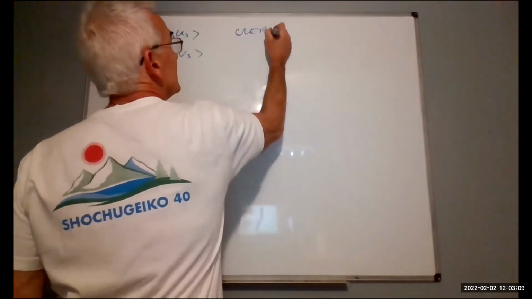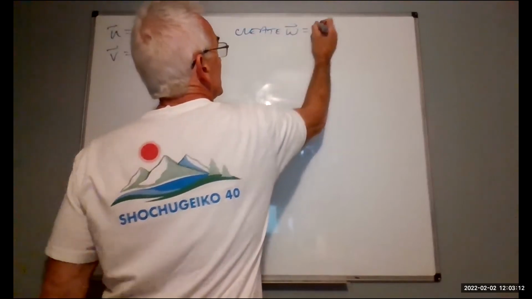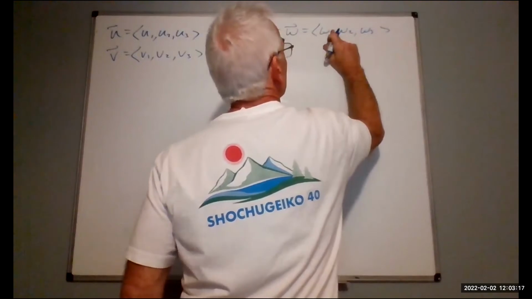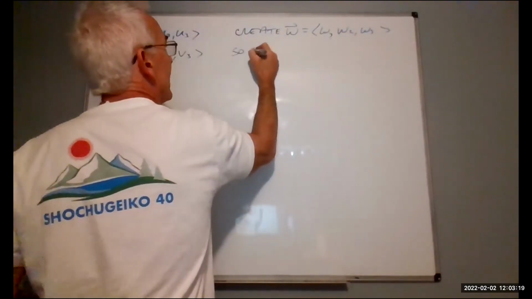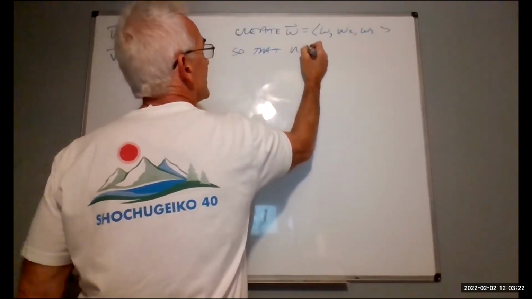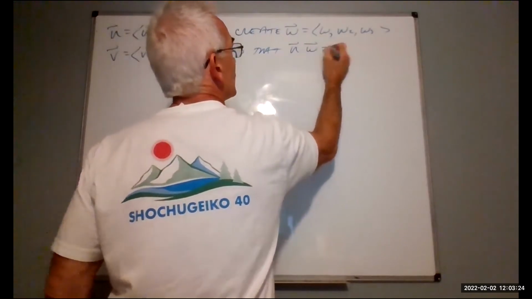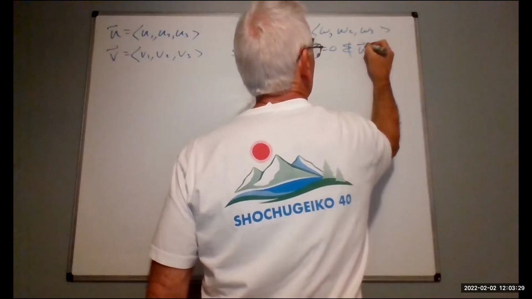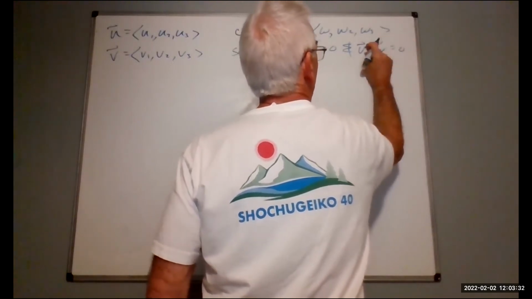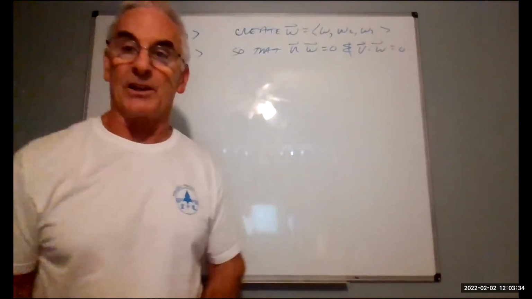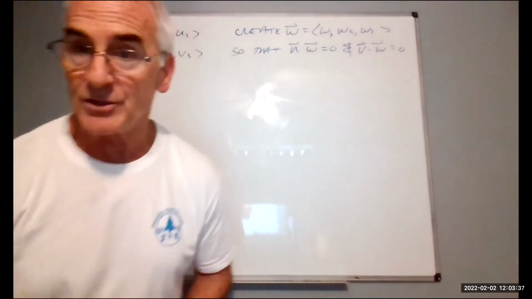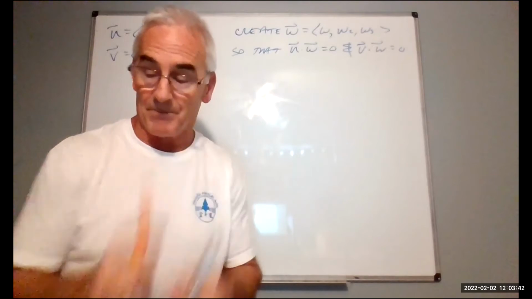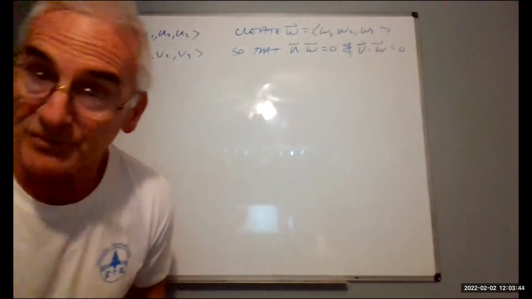I want to create w so that u dot w equals 0 and v dot w equals 0. I want a new vector. I'm just going to generically call it vector w. I want a vector w so that it is orthogonal simultaneously to both u and v at the same time. That would mean it's orthogonal to the plane they live on.